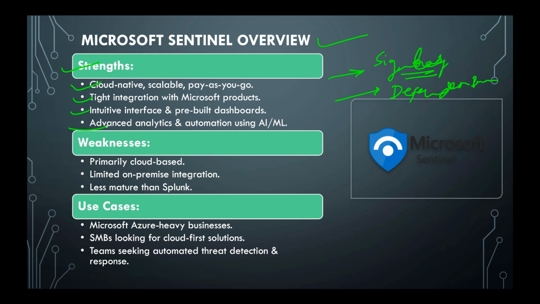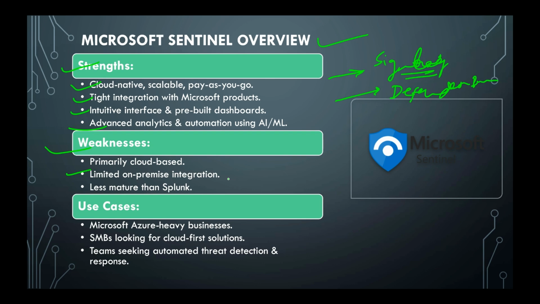So what are the weaknesses? While it is a great choice for organizations already invested in the cloud, it may not be ideal for businesses with on premises systems or hybrid setups, as Sentinel is primarily cloud based. So it has limited on premises integration.